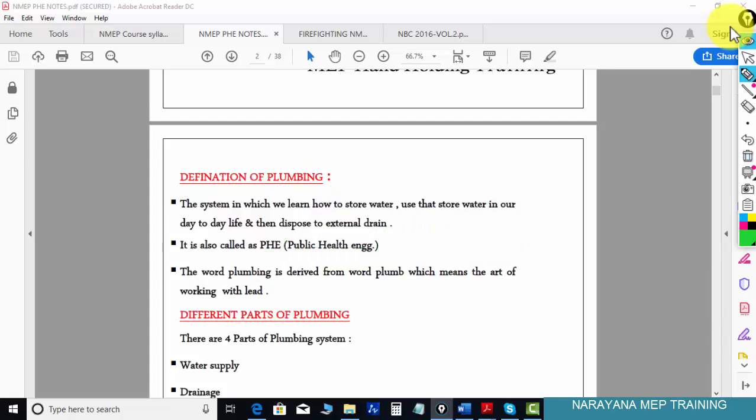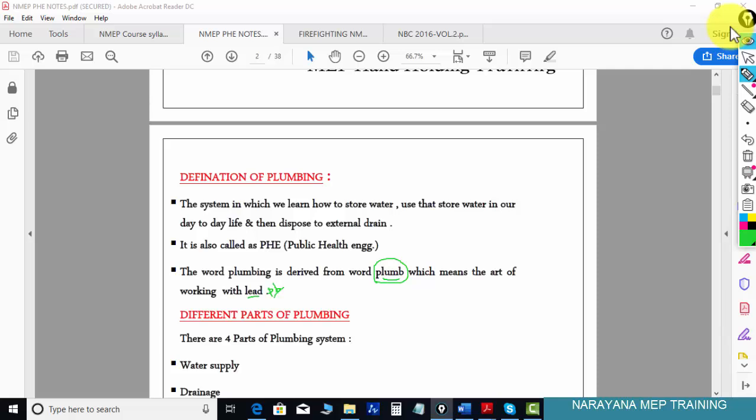Next, the word plumbing is derived from the word plumb. This is a Latin word, meaning the art of working with lead. Lead means that pipe only. Previously they used lead pipe, PB. Now they are not using this pipe.